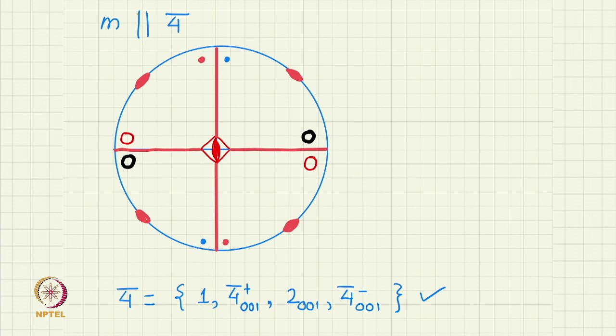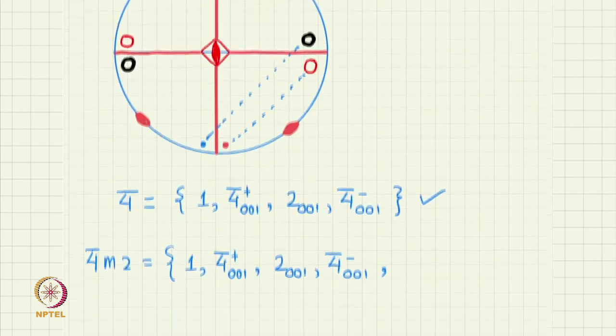We have the two-fold axis because these two-fold axes relate objects of the same handedness by rotation by 180 degrees about the horizontal direction.